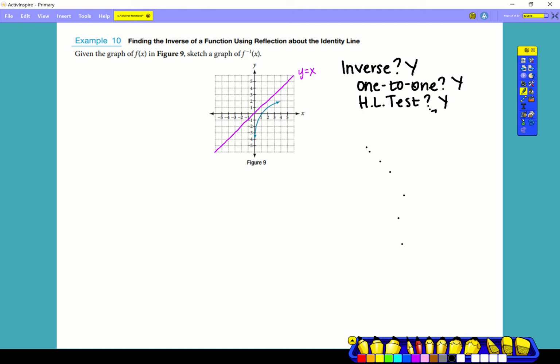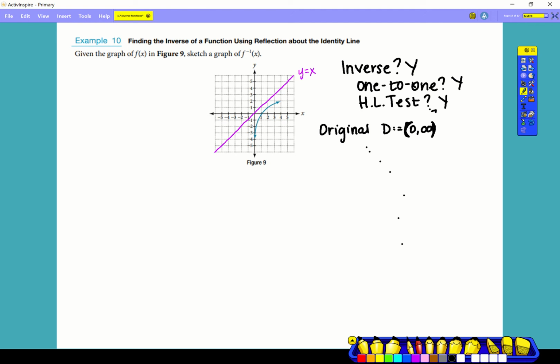So it looks like the domain, so all of the x values that this is going to be able to take, this is for our original, the domain is 0 to infinity. I don't think we're going to include 0.